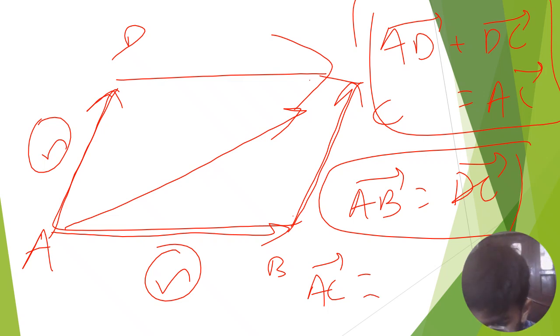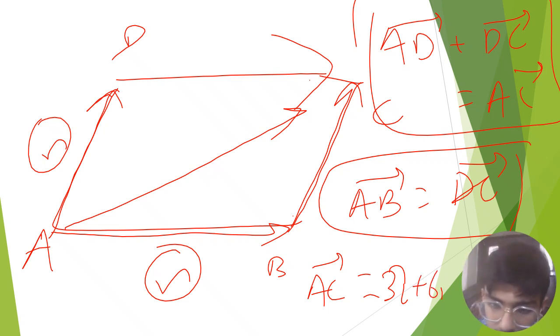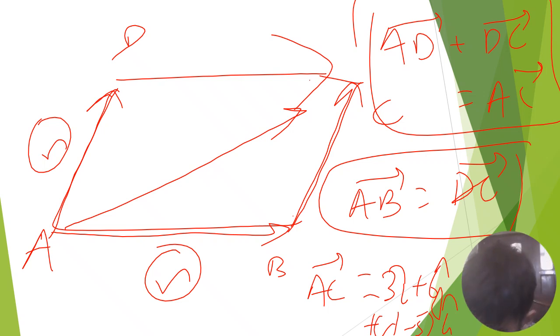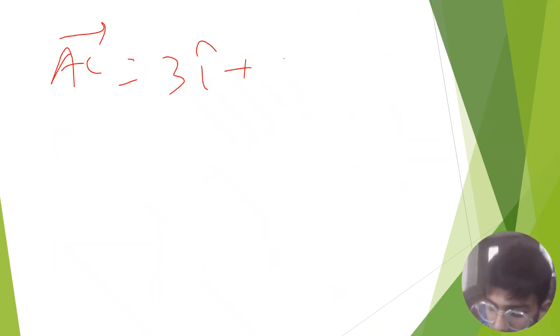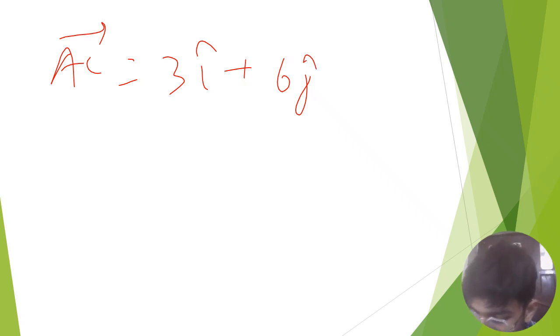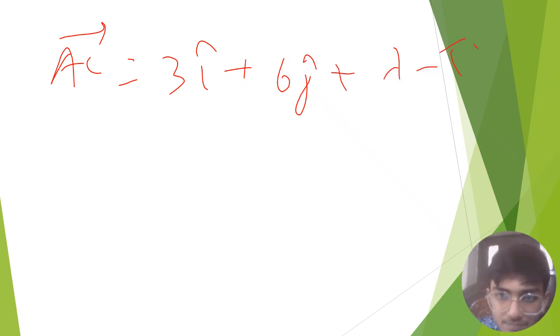Adding the given AD and AB vectors, AC vector will be 3i cap plus 6j cap plus lambda minus 5 k cap.